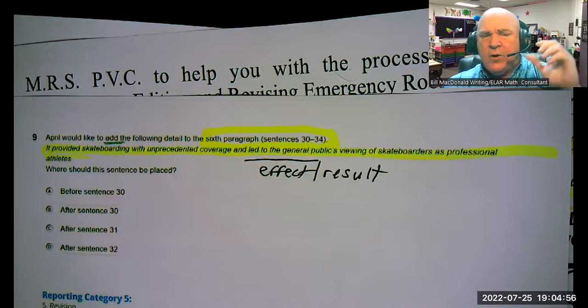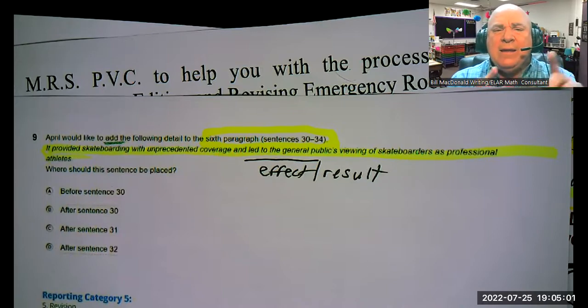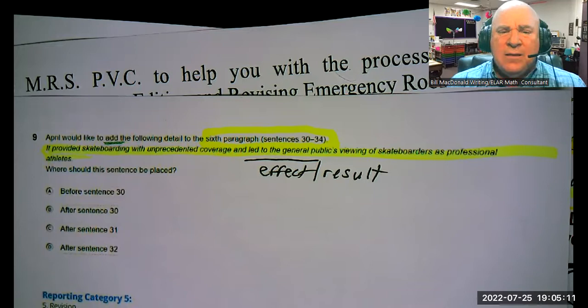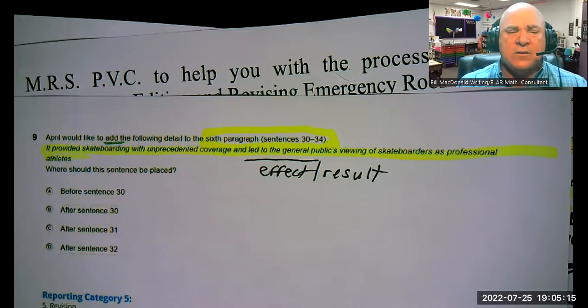That's very important. They started the sentence with a pronoun, which means I need to look at a previous sentence to figure out what the noun is, who or what is the "it" that's being talked about in this sentence. So we can place it after that sentence.